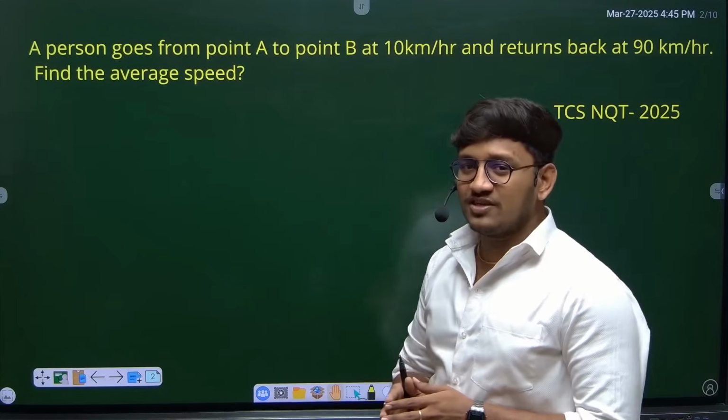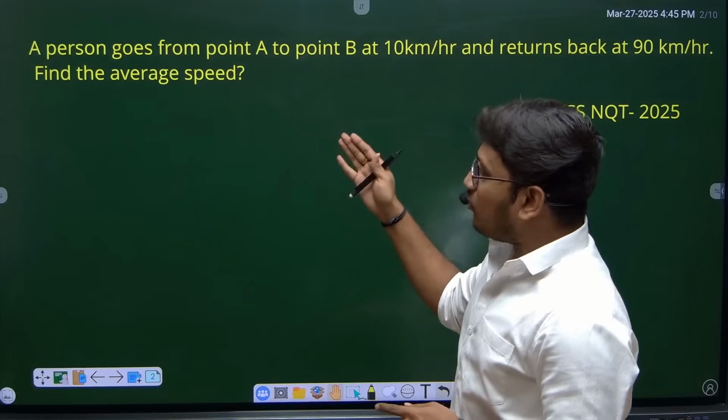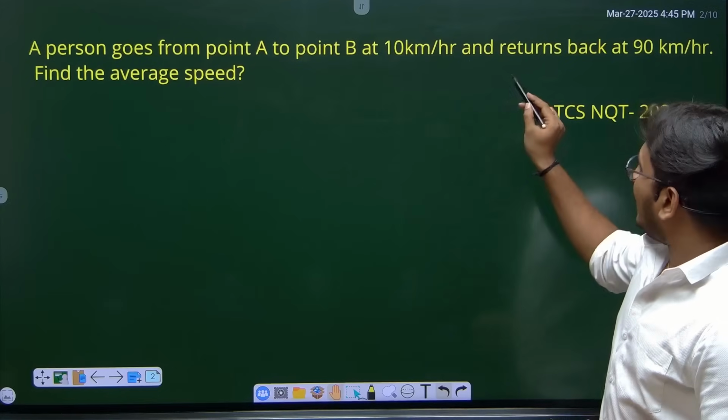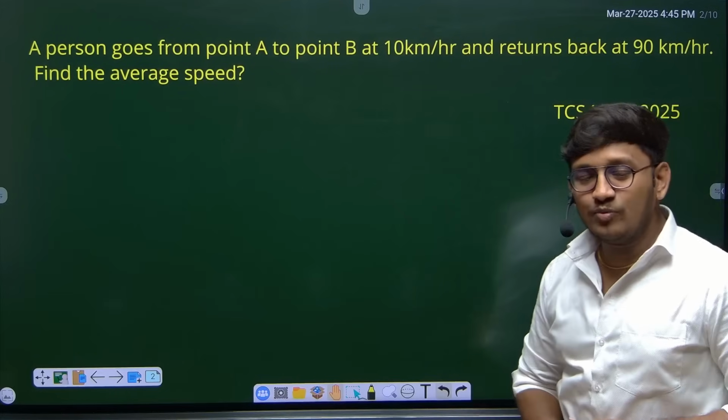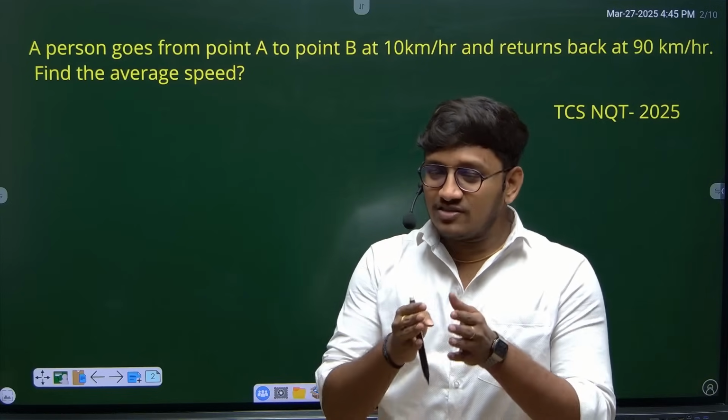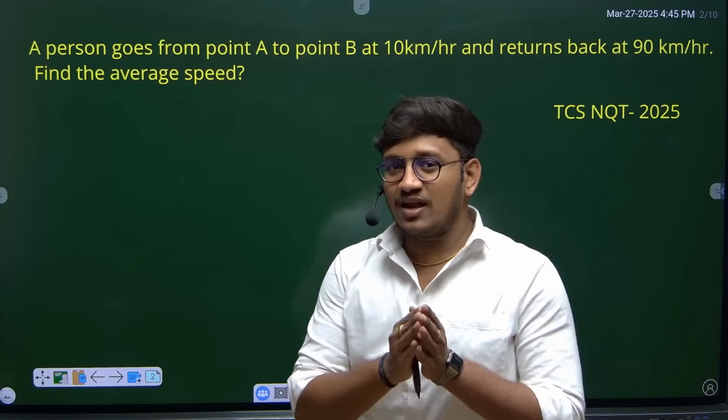Here the first question is: a person goes from point A to point B at 10 kilometers per hour and returns back at 90 kilometers per hour. Find the average speed. We already discussed this concept in the last video.